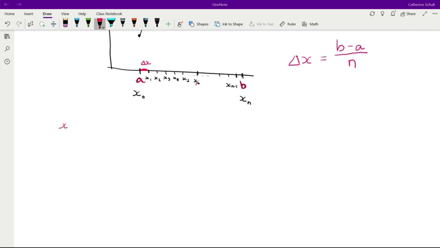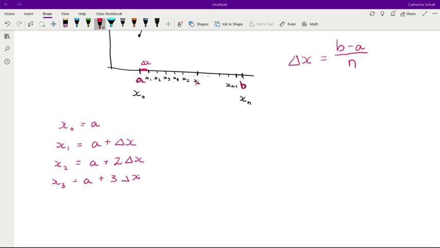And so x0 is the starting point. And then for x1, we're going to add one copy of delta x. And then to get to x2, we have to add 2 copies of delta x. And then what do you think x3 is going to be? 1, 2, 3 copies of delta x.